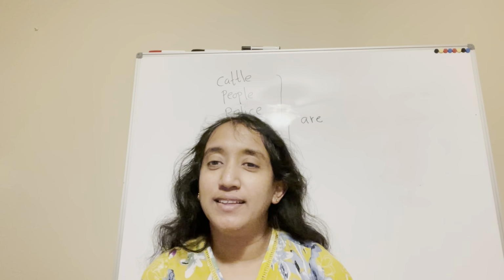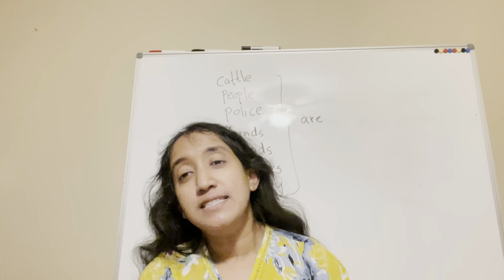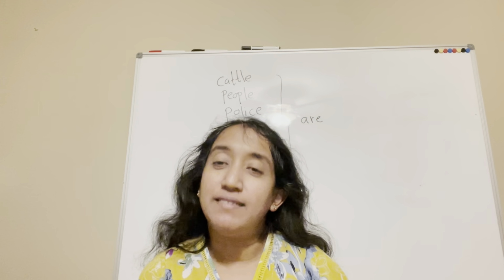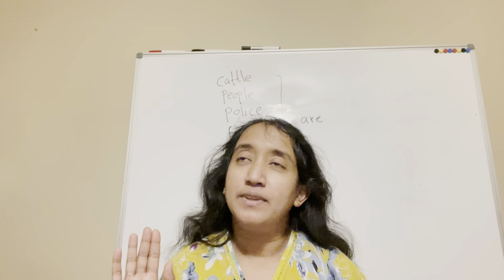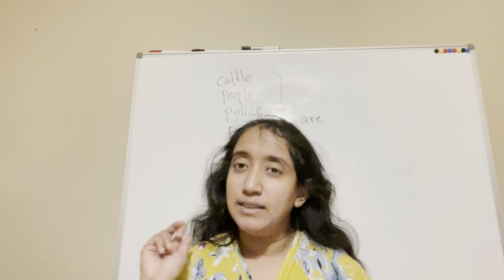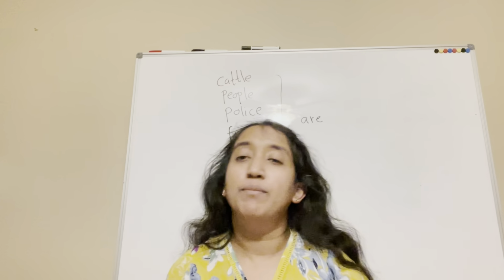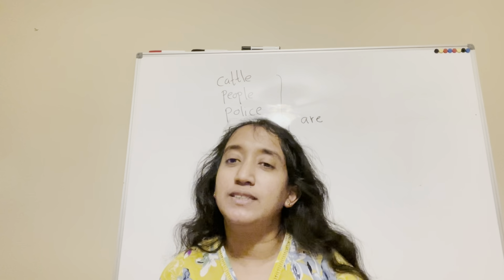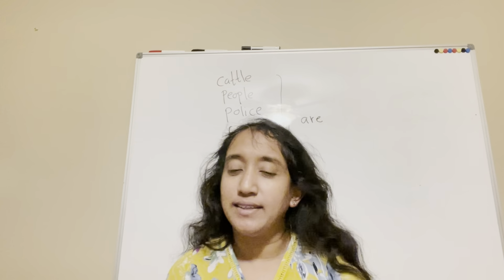Let's look at the nouns on the whiteboard. There's a special thing about these nouns. They are always considered plural because the nouns on the whiteboard occur only in a plural context. They always belong to the plural noun category.